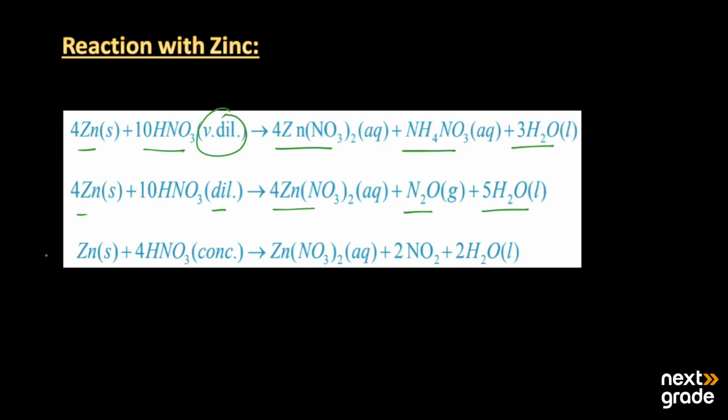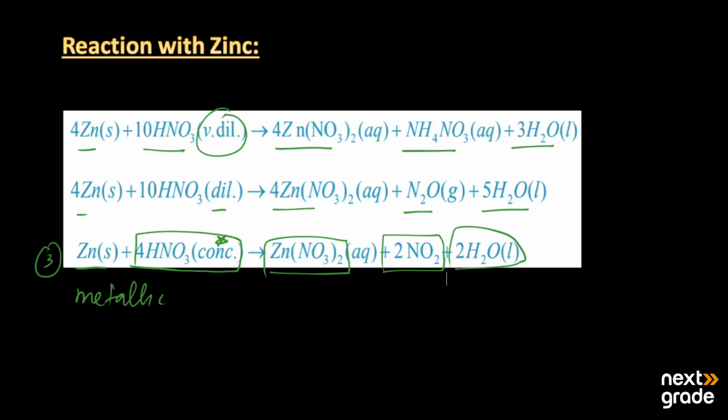And the third reaction is when zinc in the metallic state reacts with highly concentrated nitric acid. The product is zinc nitrate, nitrogen dioxide and water.